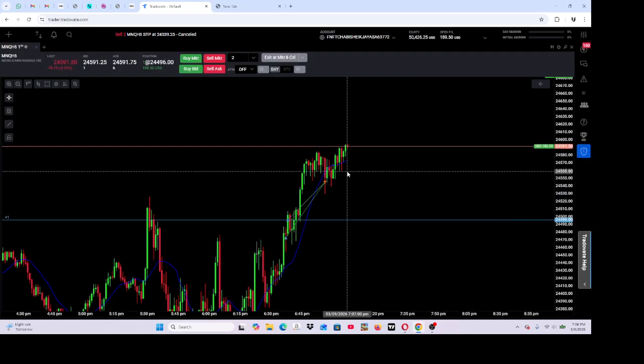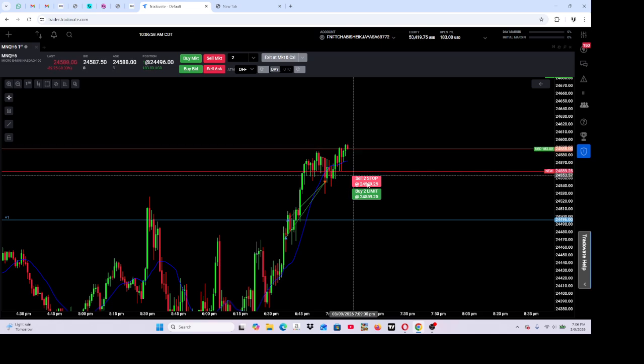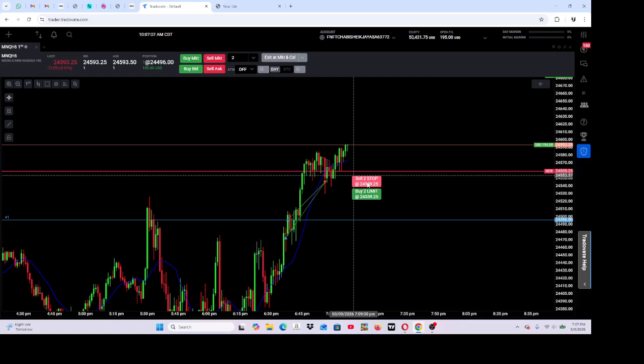It's not equal lows. Holy shit, dripping. One huge bullish candle, that's all I'm looking for. One bullish candle. The sweeper. The sweeper to the upside.